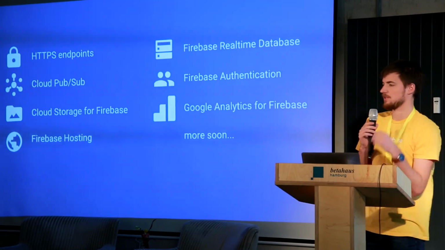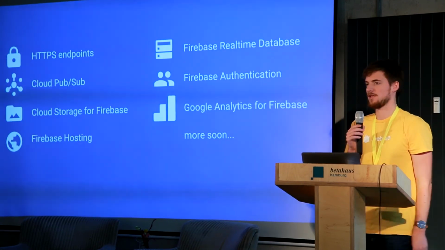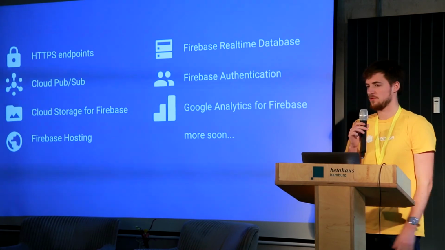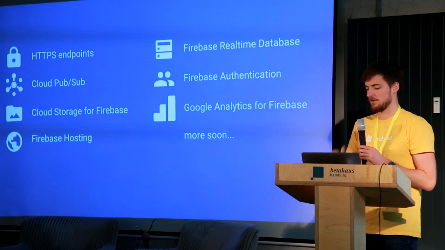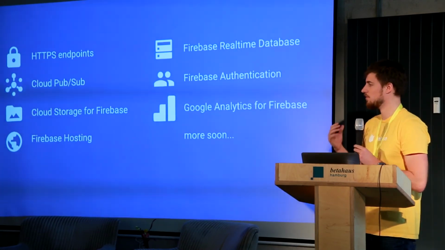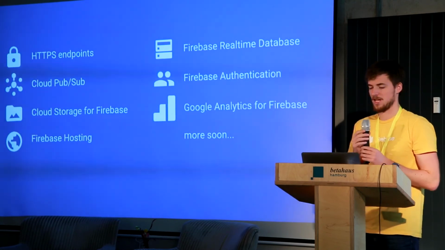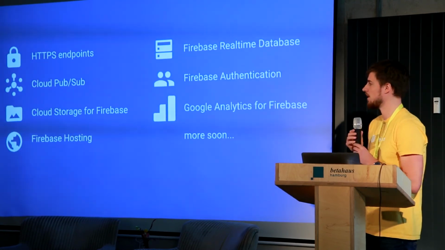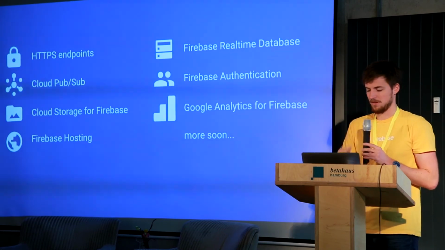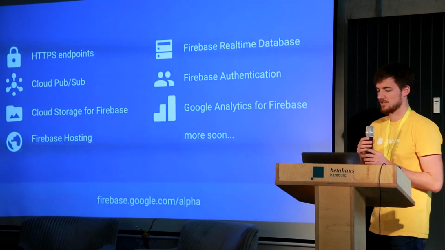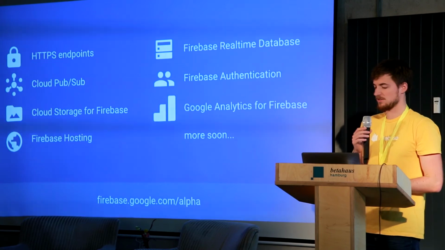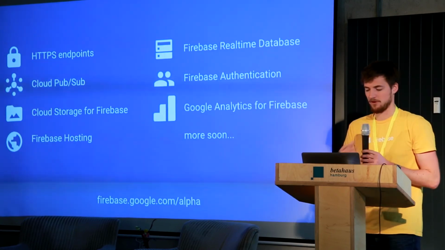All of these products can trigger Cloud Functions, and you can use it to extend the functionality of all of these products while still getting all of the awesomeness that they provide. If you're interested in more integrations, make sure to sign up for our alpha program.